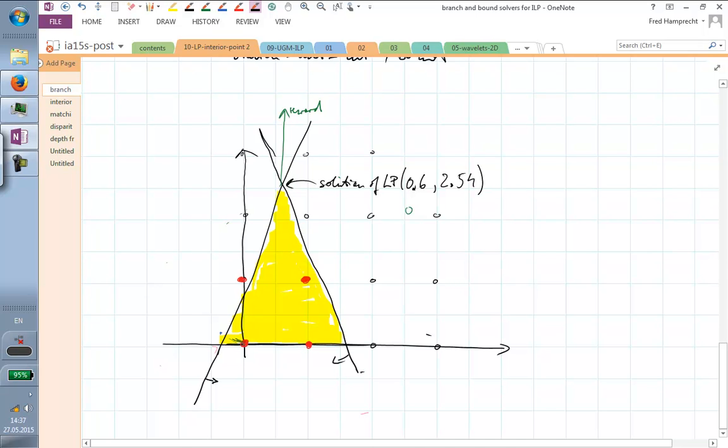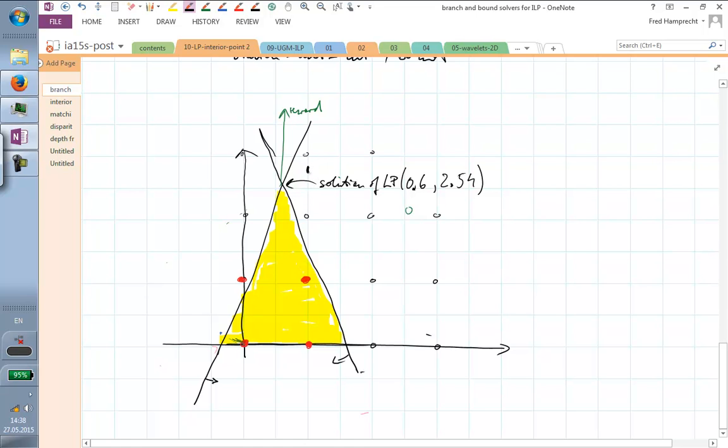These are now the x-y coordinates of the solution of the LP. And I can now say, but I know that I want an integral solution out. So I can introduce new constraints to obtain 2 linear programs to solve.